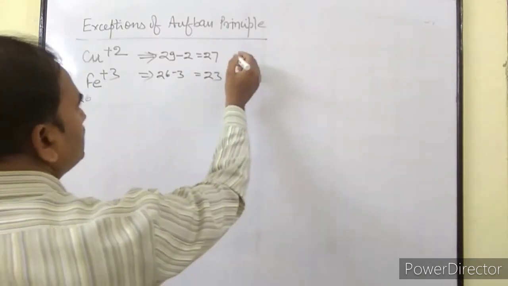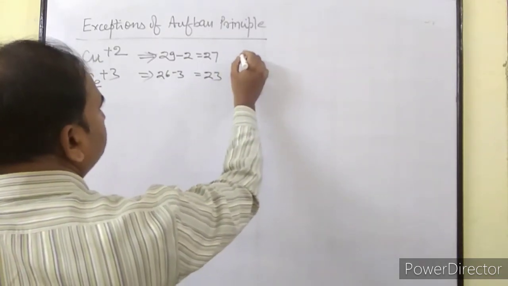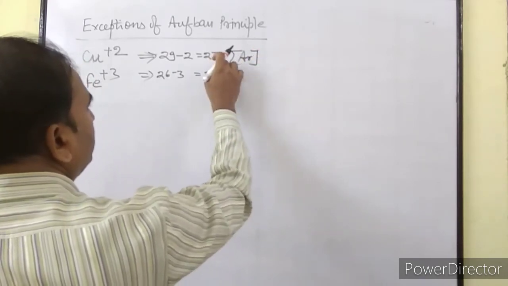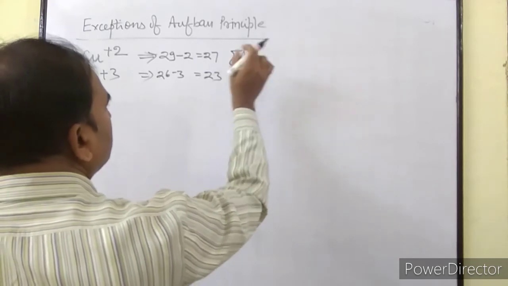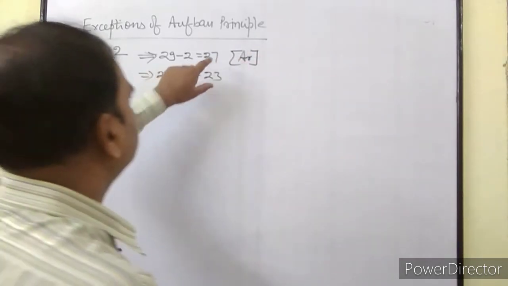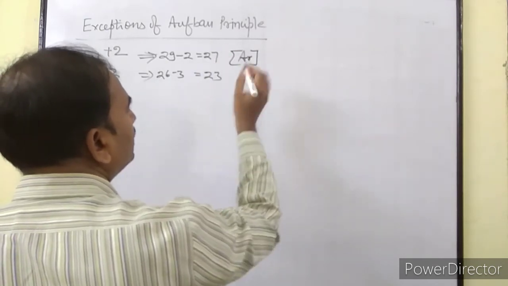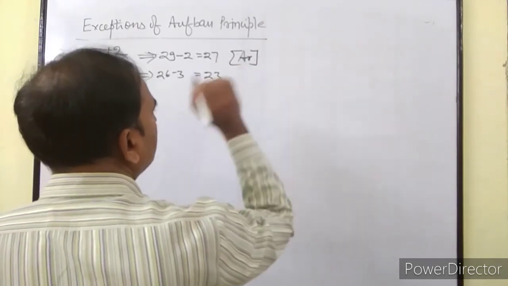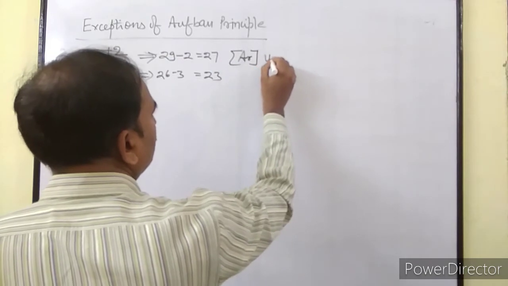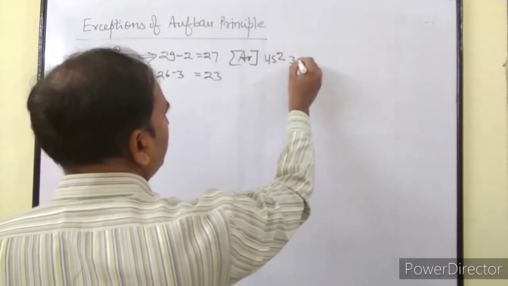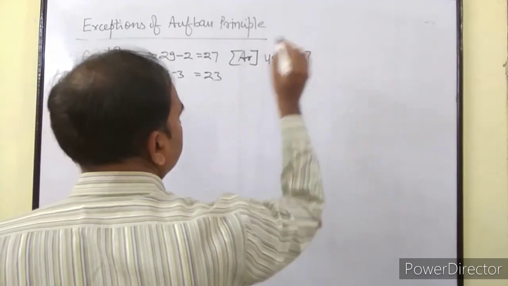So this will be equal to argon, which means 18 electrons are arranged here, and after that there are 7 plus 2, 9 electrons. So we have to arrange 9 electrons. So 4s2, remaining 7 will go in 3d7.